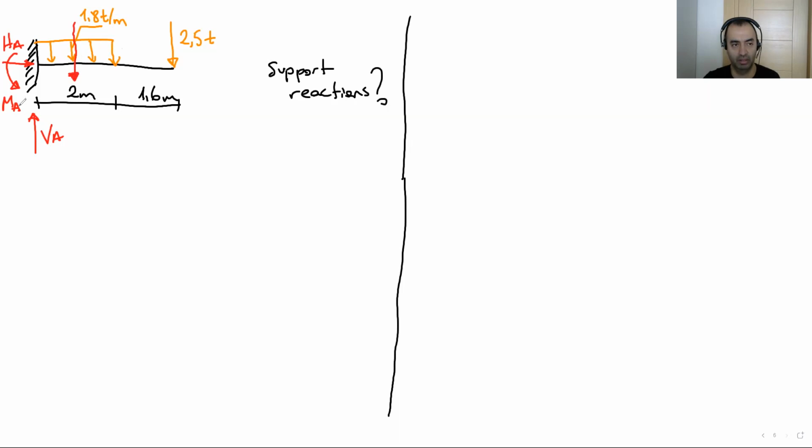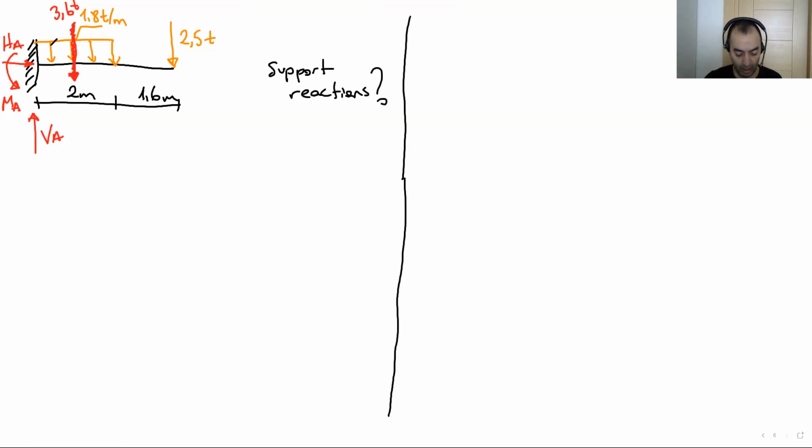To calculate its magnitude, we calculate the area of this rectangle. Area is 2 times 1.8, it's 3.6 ton. This is the new point load. I've just converted it to a point load and then I'm done. Now I can take this forward and make the calculations.